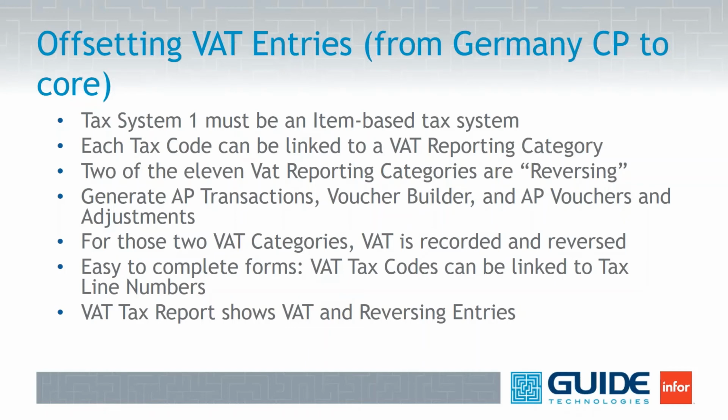They can be fired off when I generate AP transactions, use Voucher Builder and AP vouchers and adjustments. For those 2 VAT categories, VAT is recorded and reversed. The VAT tax codes can be linked to tax line numbers. And then the VAT tax report shows both the VAT and the reversing entry.